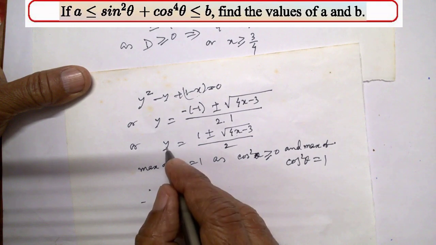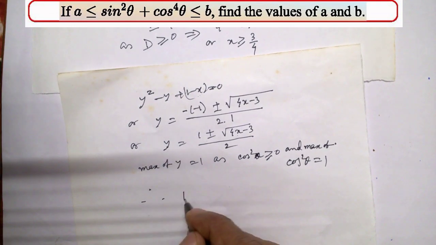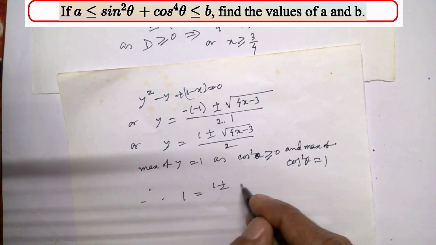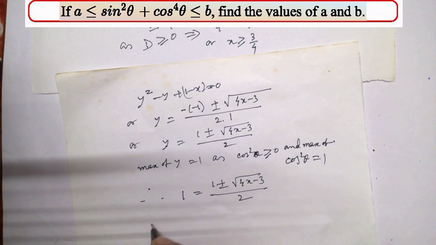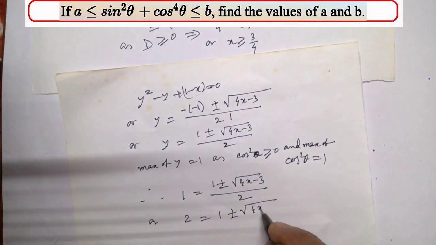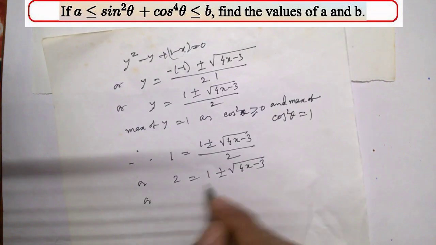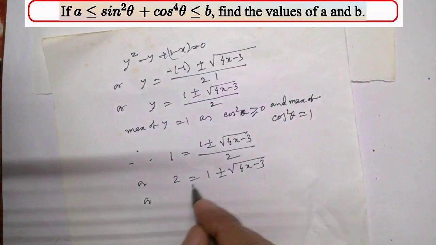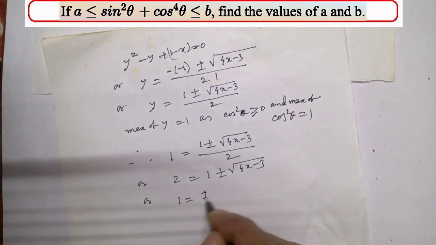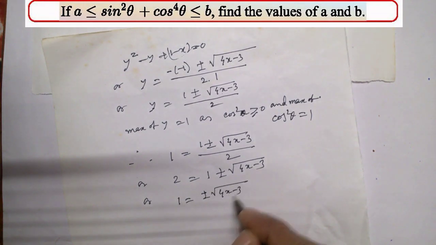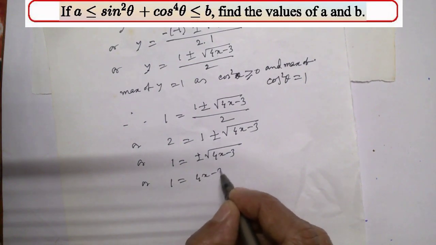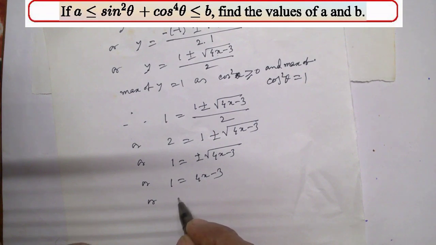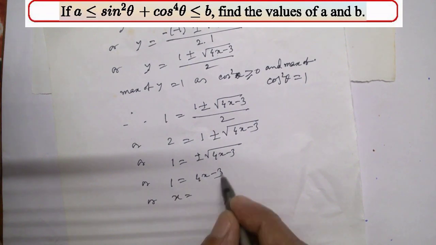Therefore, putting y equal to 1 in y equal to 1 plus or minus root over 4x minus 3 by 2, we get 2 is equal to 1 plus or minus root over 4x minus 3, or 1 is equal to plus or minus root over 4x minus 3. Now squaring both sides, 1 is equal to 4x minus 3, or x is equal to 1.